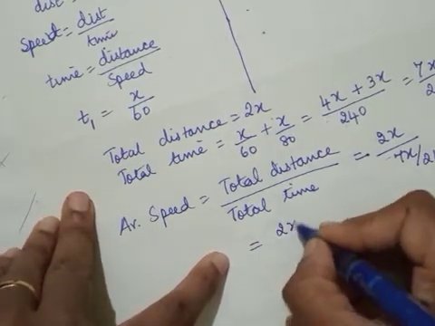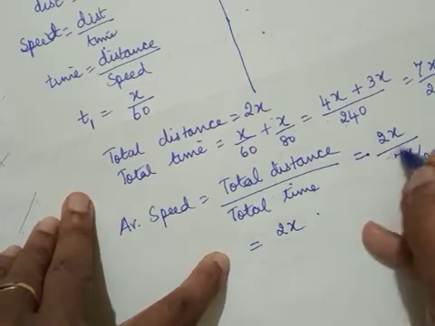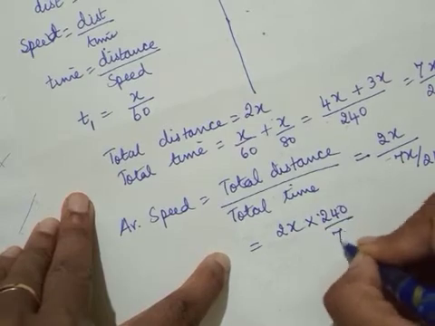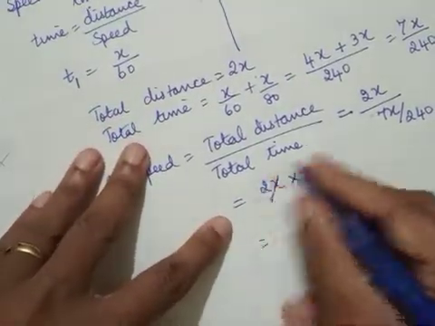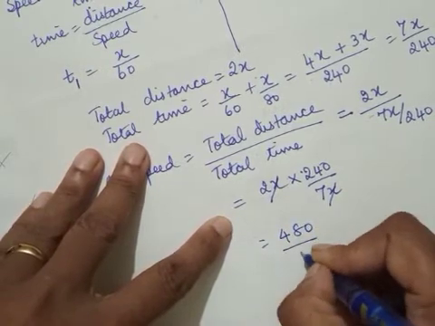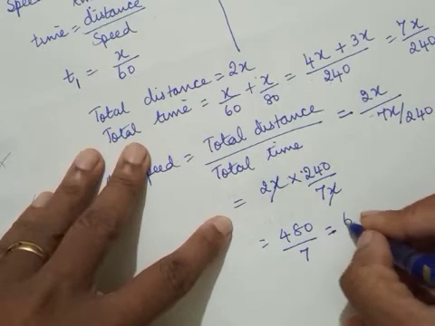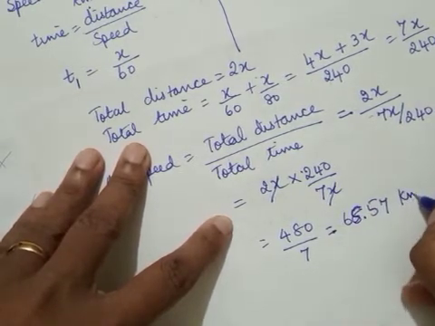Now you have a fraction in the denominator, so for multiplication I have to invert it. So 240 upon 7x, x and x will get cut, so 480 divided by 7, and it will be in decimal. I'll get 68.57 kilometer per hour.